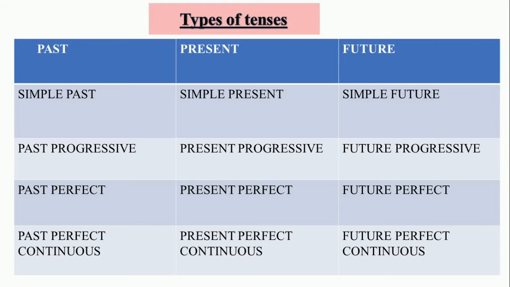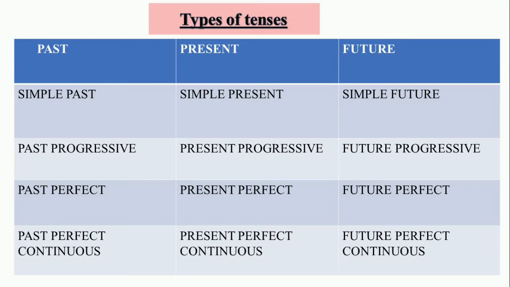In this way, the total number of tenses is 12. Simple present, simple past, simple future, present progressive, past progressive, future progressive, present perfect, past perfect, future perfect, present perfect continuous, past perfect continuous, and future perfect continuous.